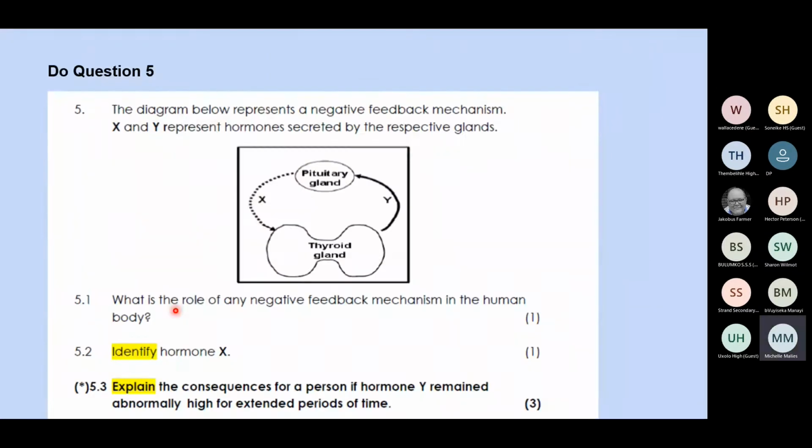Now, grade 12, we are going to some questions. I want you to turn to your booklet on page 28.